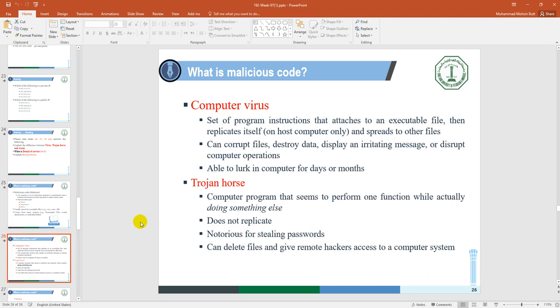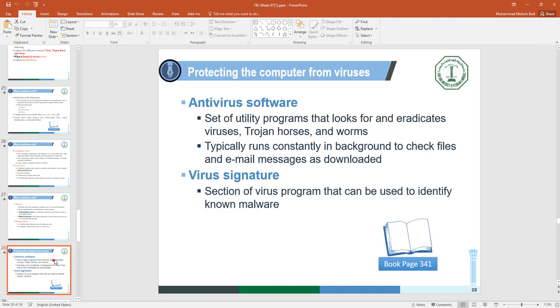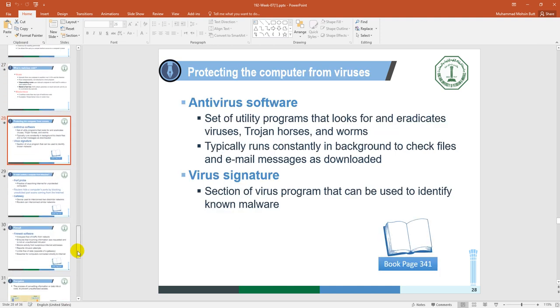We talked about a computer virus, a Trojan horse, and computer worms. So today I will continue and finish this remaining part of the lecture. It's very simple, and there are book pages which are mentioned, which you should make sure you read to prepare for the second quiz. Now, we talked about different malwares.